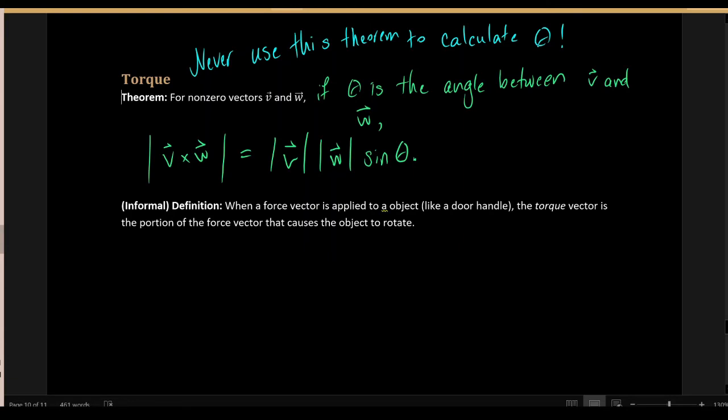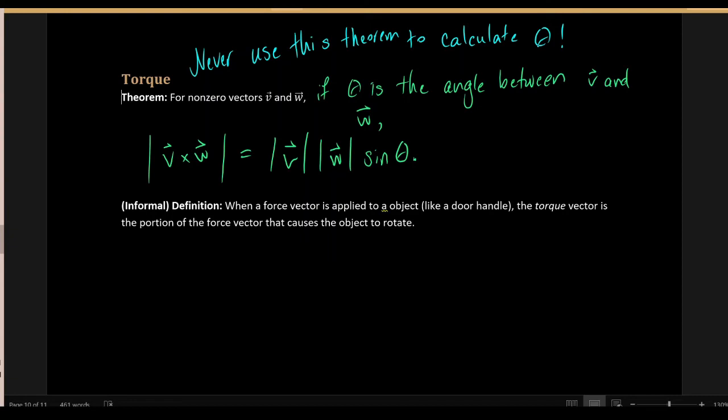You would have to find the length of the vector v and the length of the vector w. You would have to go through this entire matrix determinant stuff to find v cross w. Then you would have to find its magnitude. You'd have to divide and then take inverse sine to calculate theta. Don't do it. Please don't do it. If you want to find the angle between two vectors, just use that dot product formula from the previous day. It's going to be so much faster.